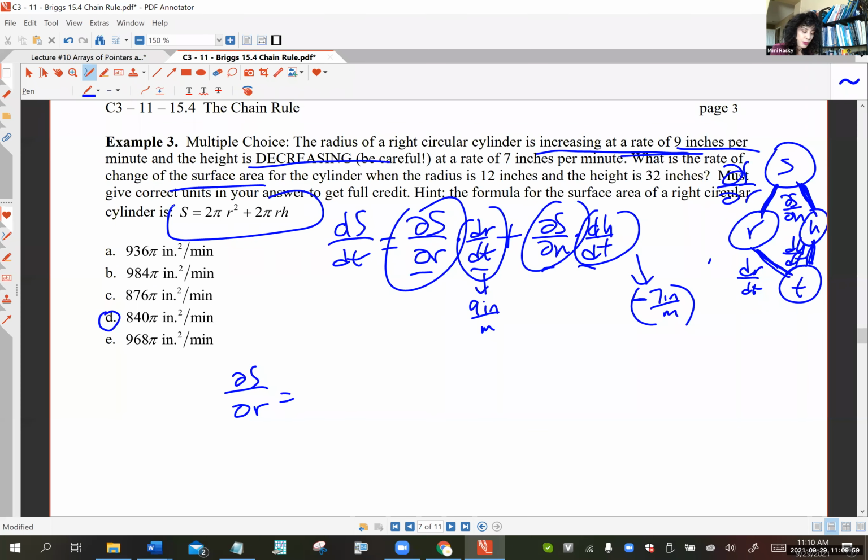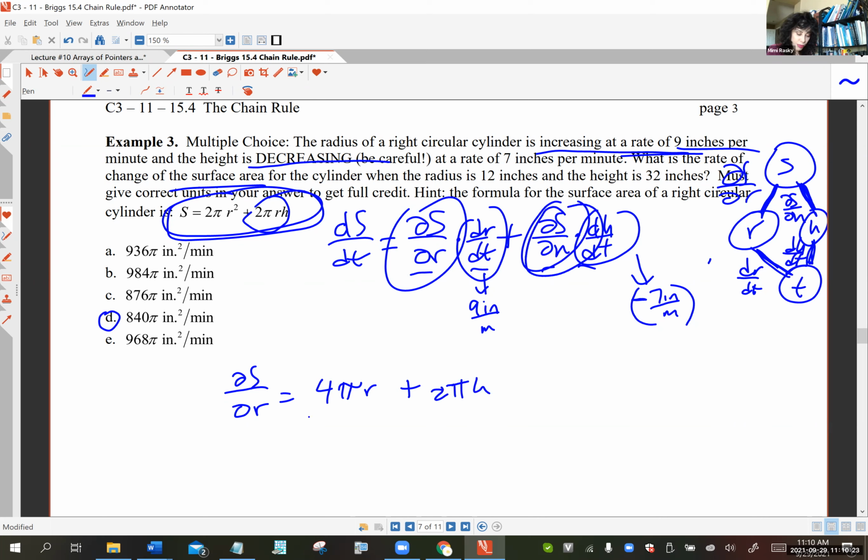ds dr, if you look at this formula for surface area and you take the derivative with respect to r, you're going to hold h constant. The derivative of 2 pi r squared, I believe, is 4 pi r, plus the derivative of 2 pi rh with respect to r is 2 pi h.